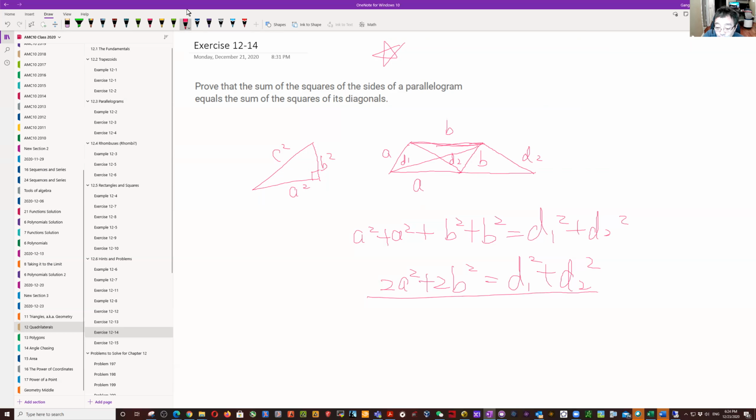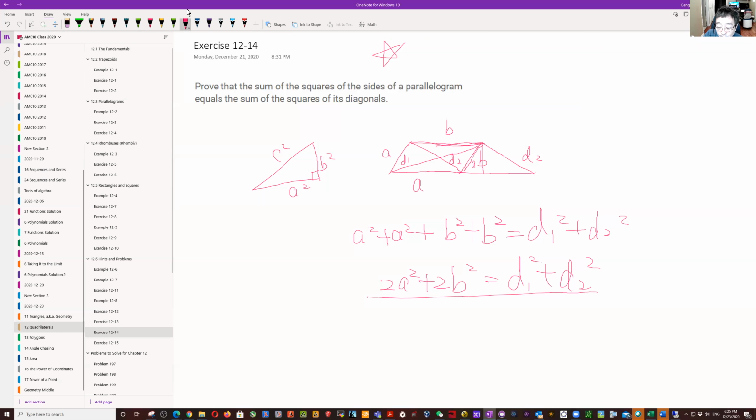Then we can draw a height here. So we will say this is A, this is B, A is here. So this is A. This is still A.